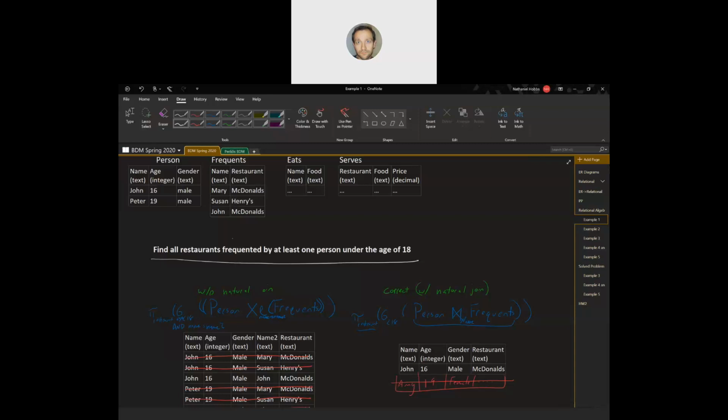So in this case, we want people because we're looking at their age. That's something that exists in the person relation. And restaurant names that are frequented by people, this comes from the frequents table. We're not asking about food that people eat or food that restaurants serve, so we don't need either of these for this particular query.